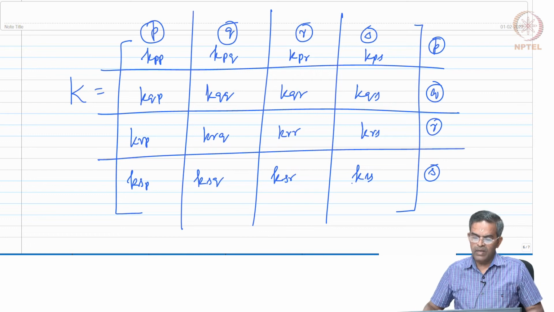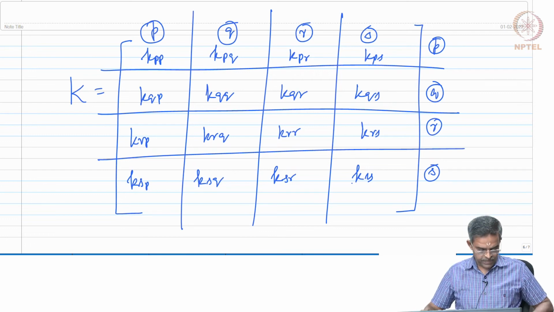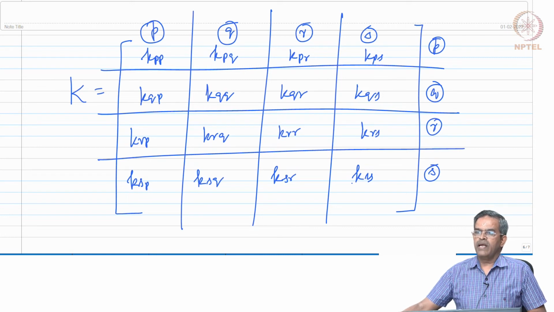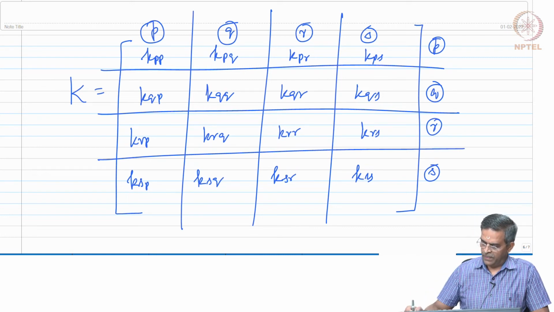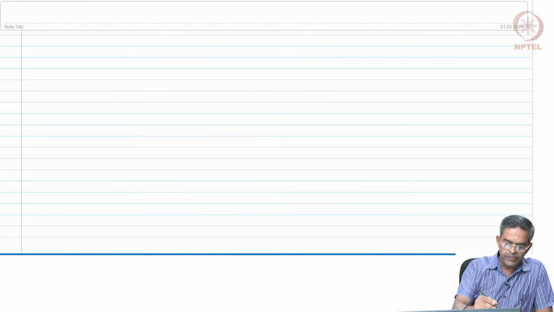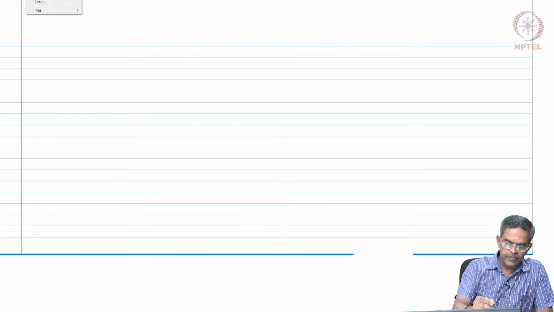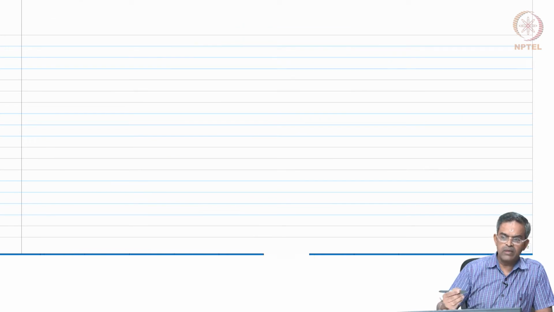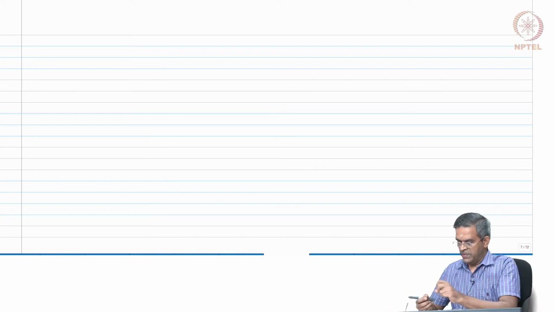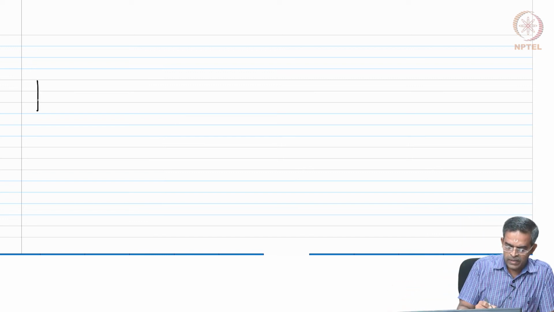So, now I have all the values with me. Please look at your notes. They have all the values. Let me write down these coefficients here. I will tell you a very simple way to remember this. Okay, it is a very simple way. The K matrix can be easily remembered.